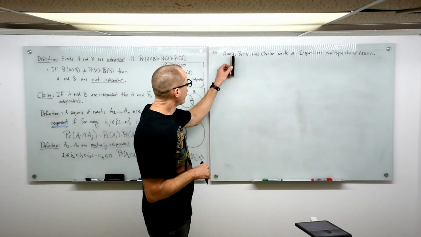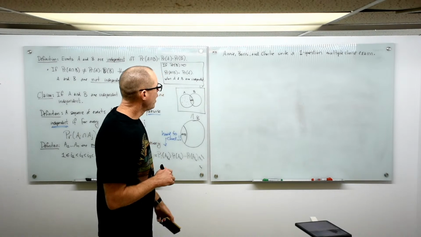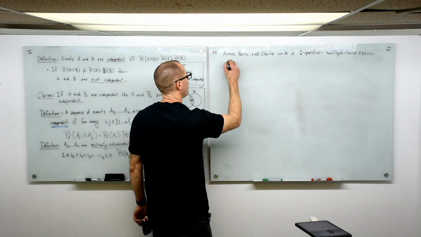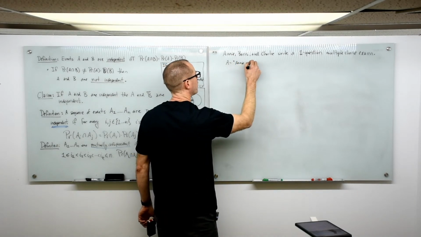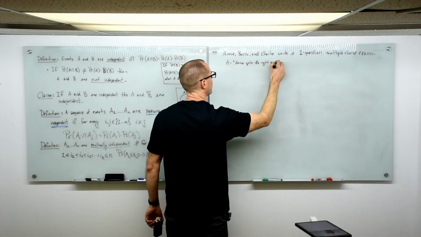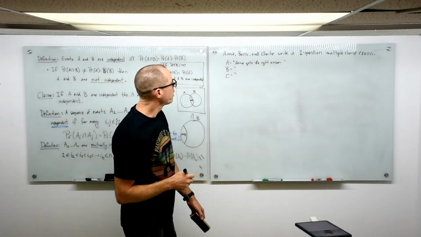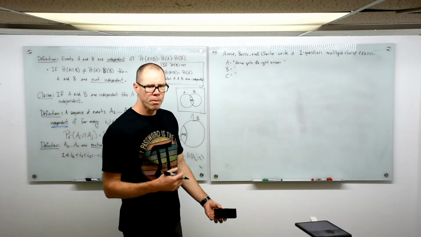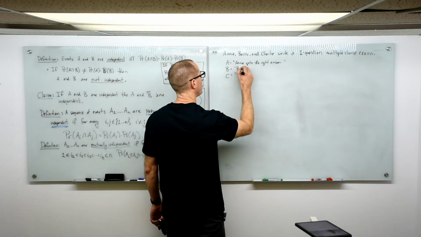Annie and Boris are clever, and so we're going to say A is the event Annie gets the right answer, which is the same thing as Annie gets 100% on the exam, or Annie passes the exam, and so on. But now we have A, B, and C. Those are the events.